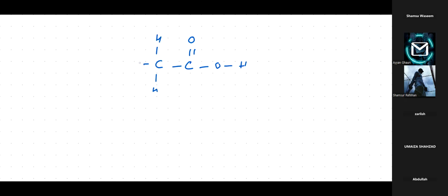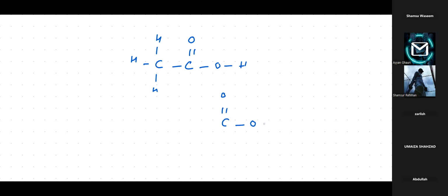Now we know that we have to draw its isomer, so you could draw its ester, right? So you know the ester linkage is C double bond O, O, right? There are going to be a total of two carbons, right? This side already has one carbon, so one carbon on this side. Okay.